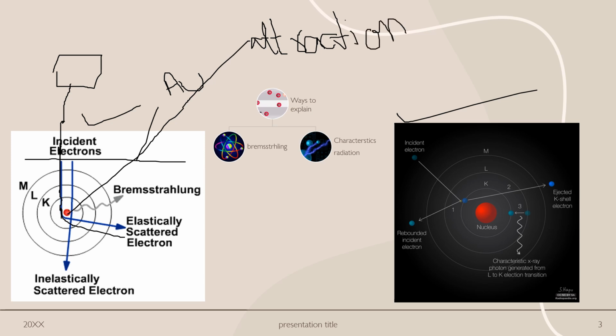Now when the nucleus attracts the electron, the high-intensity electron becomes a low-intensity electron, and the energy that it releases is termed X-rays.